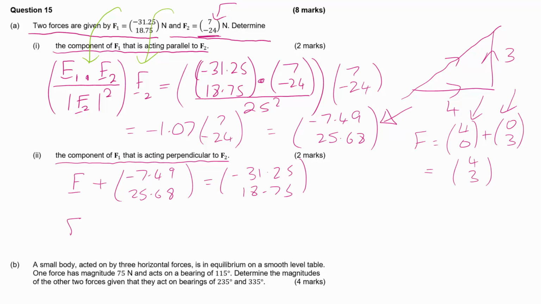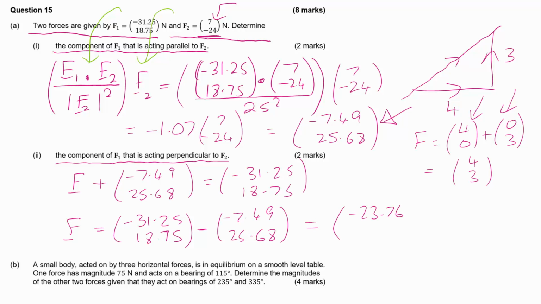So our F is going to be negative 31.25, 18.75, take away negative 7.49, 25.68, and if we calculate that, it gives me negative 23.76 and negative 6.93 newtons.